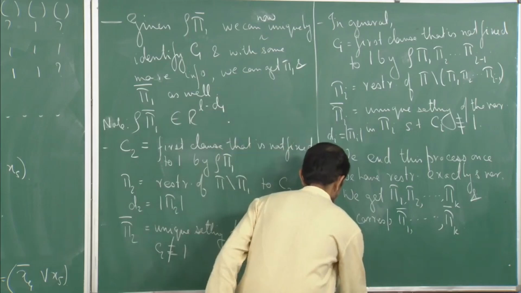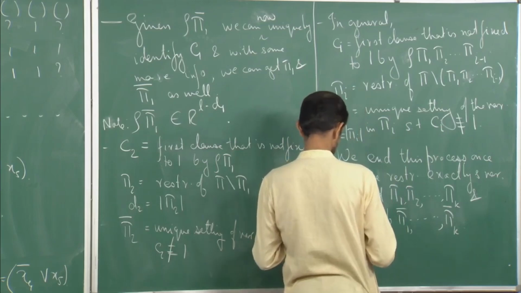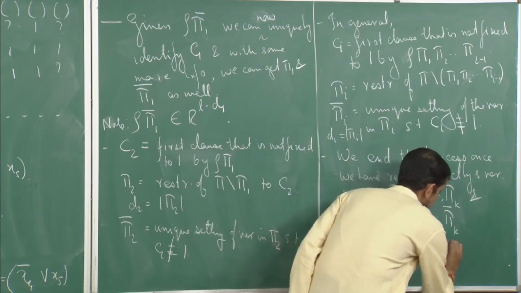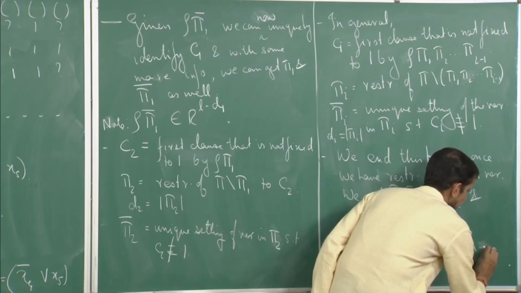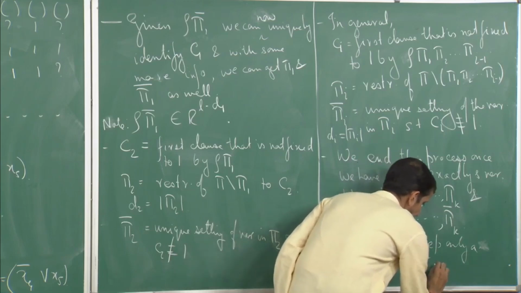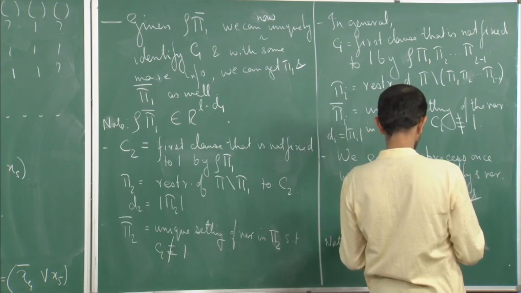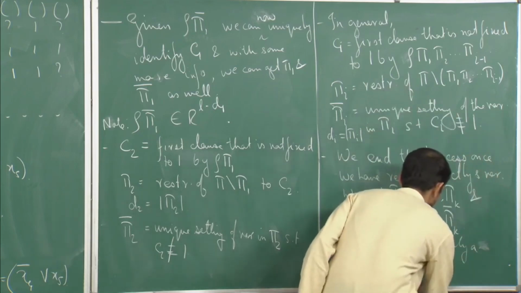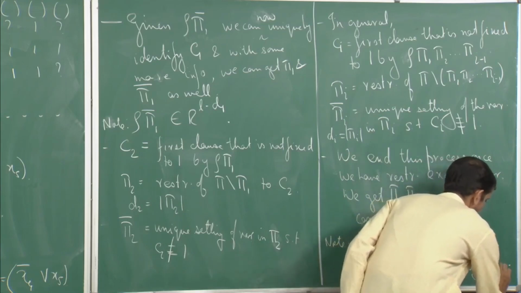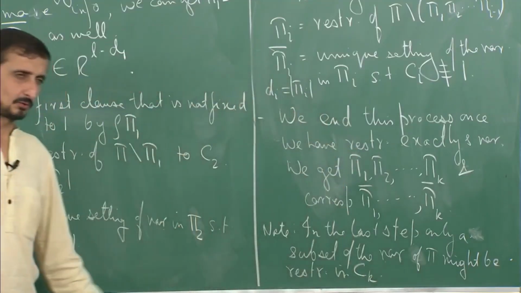So, note that in the last step only a subset of the variables of pi might be restricted in Ck, but that is okay for us, it does not matter.